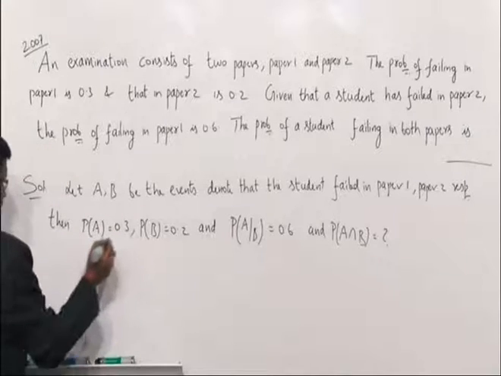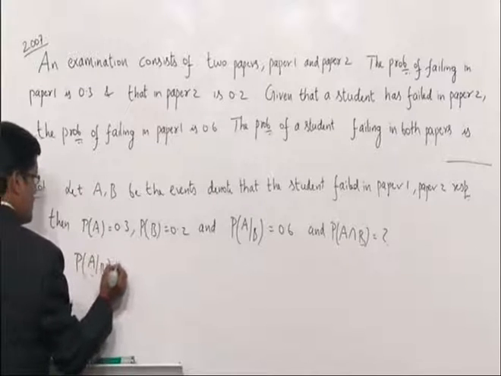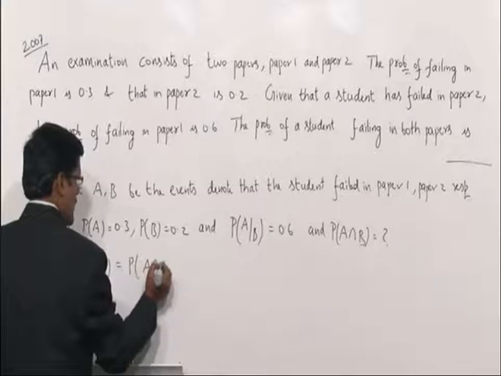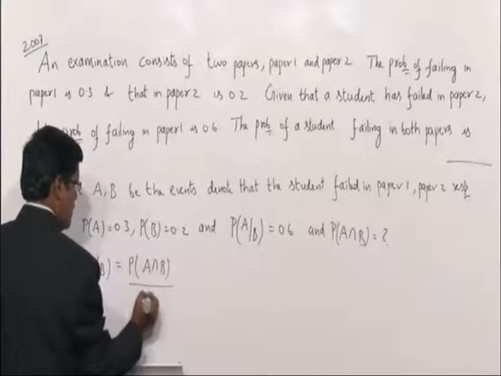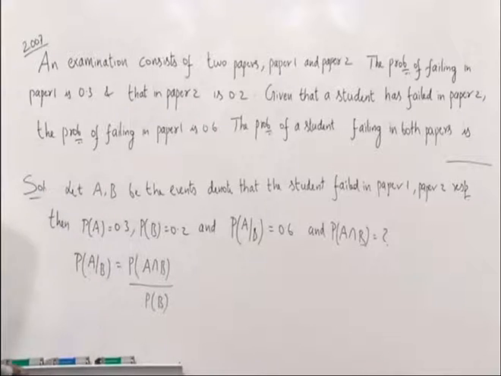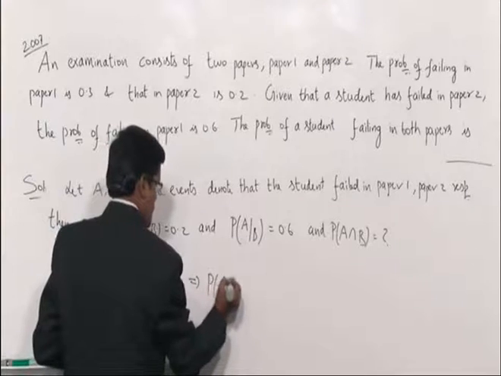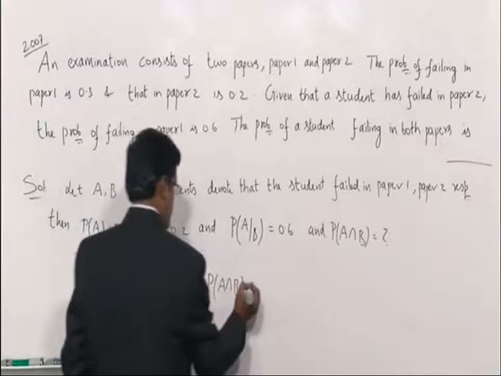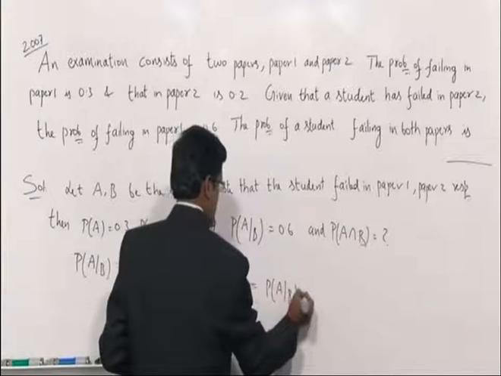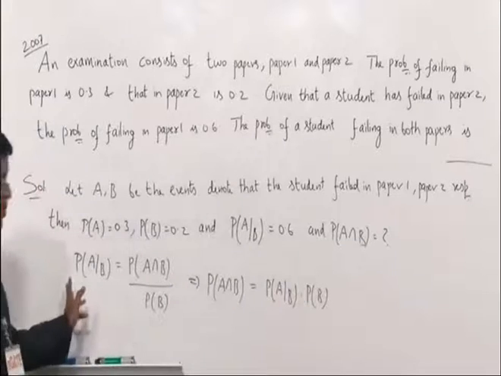Solution. See, because we know that this is P of A intersection B divided by P of B. I can write that is P of A given B. From this, P of A intersection B is equal to P of A given B into P of B. Just cross multiplying.